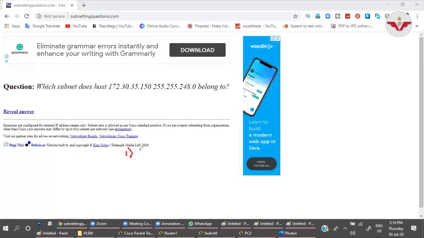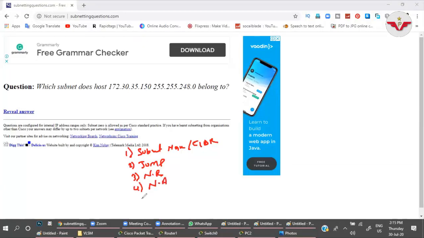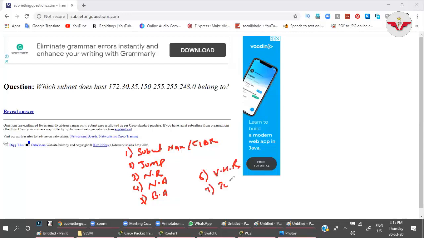The first, subnet mask or CIDR. The second was jump. The third was network range. The fourth was network address. Fifth was broadcast address. Sixth was valid host range. Seventh, total number of networks. And eighth, total number of hosts.